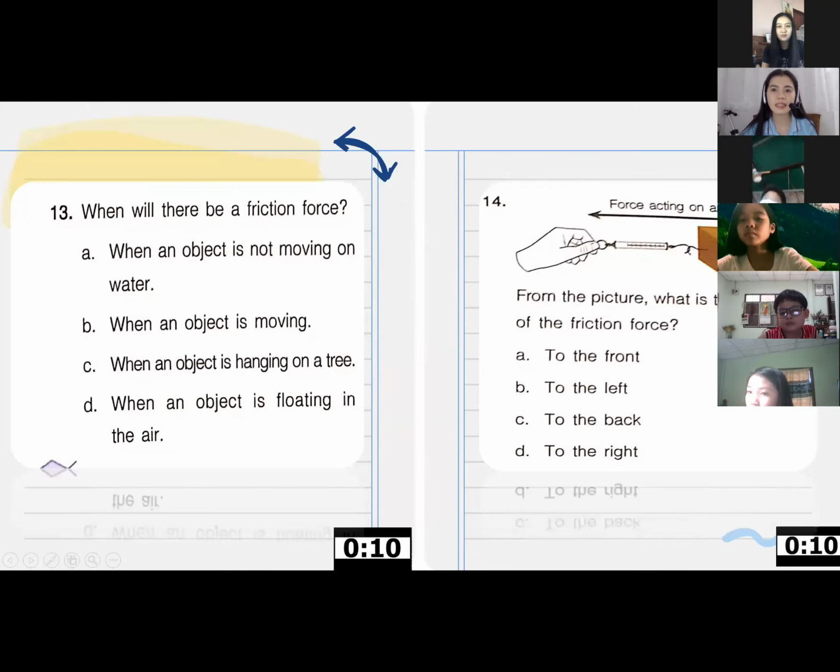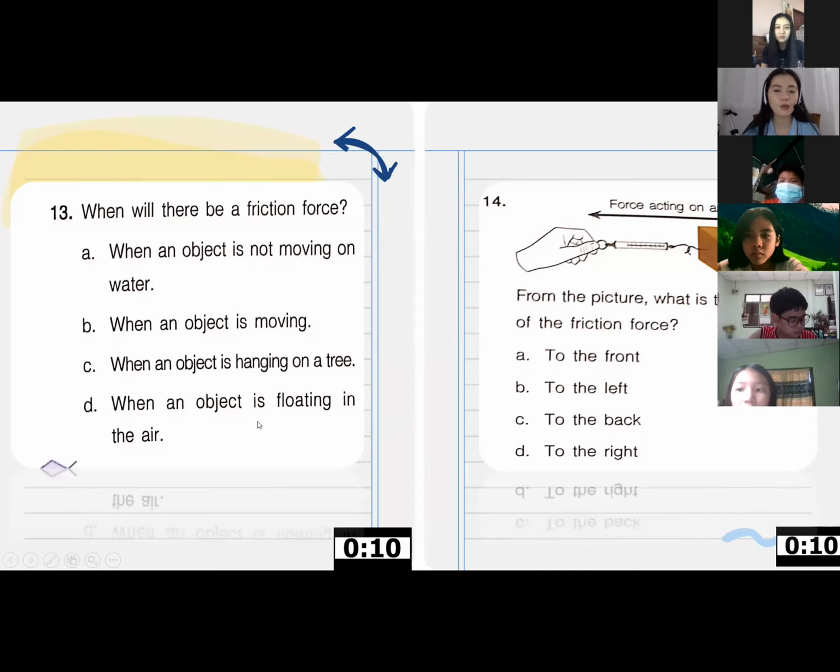So number 13, class, when will there be a friction force? A. When an object is not moving on water. I repeat. B. When an object is moving. C. When an object is hanging on a tree.